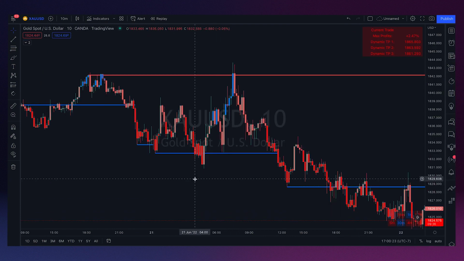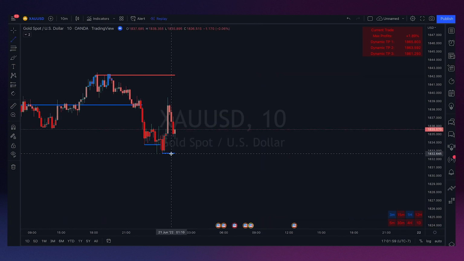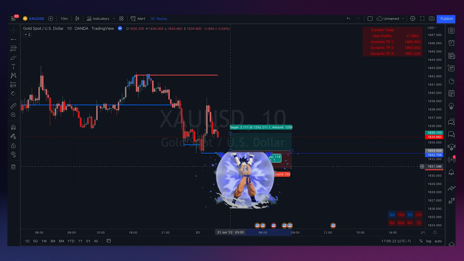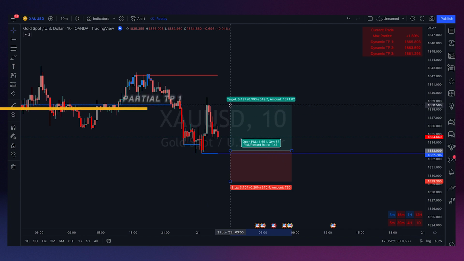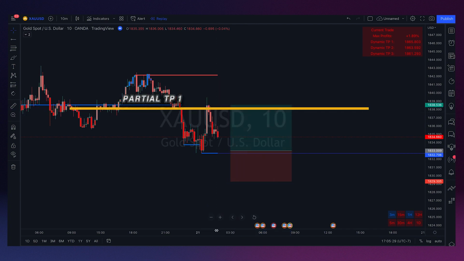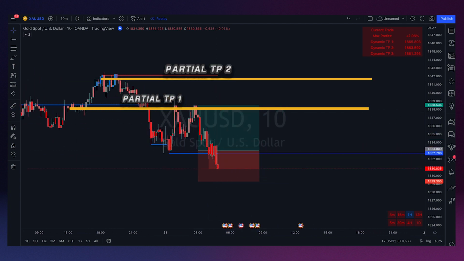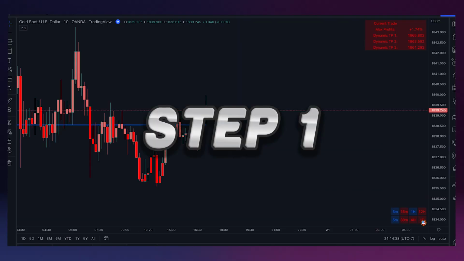So you can skip the headache of trying to figure out where these levels are, and Trusted Signals will do it for you automatically. With the Trusted Signals auto support and resistance as a guide, once Trusted Signals detects these zones, you can easily wait for price to come to these areas to enter the market, and use the other support and resistance lines as profit-taking areas.